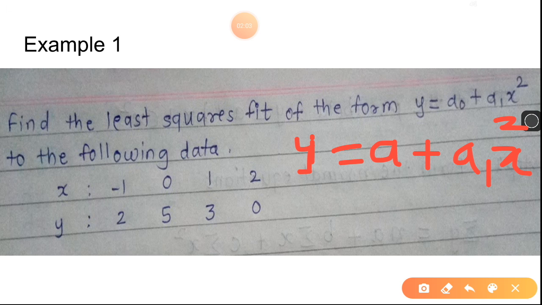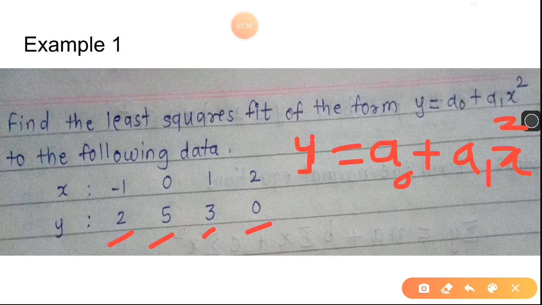We have to write this equation for 4 data points. First, second, third and fourth. So first will be y1 is equal to a naught plus a1 x1 square, y2 is equal to a naught plus a1 x2 square, and so on till y4 equal to a naught plus a1 x4 square.